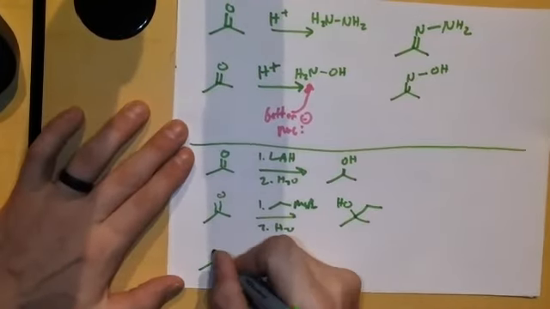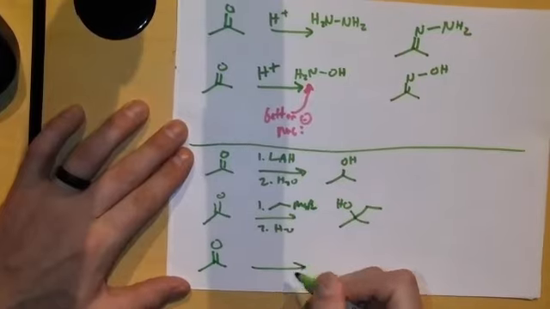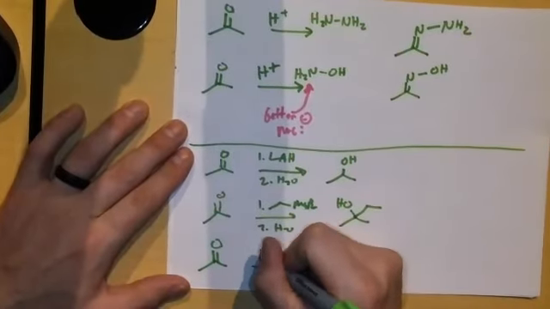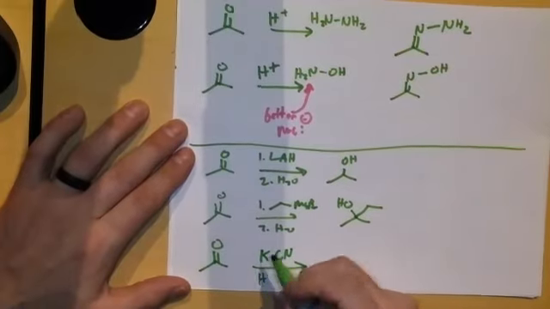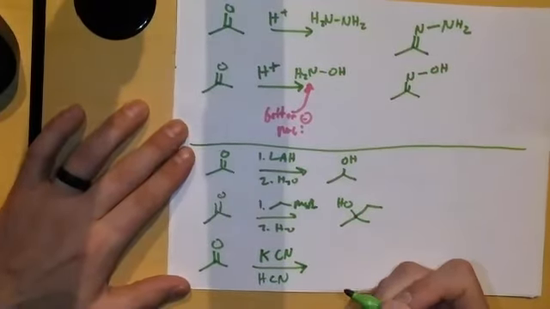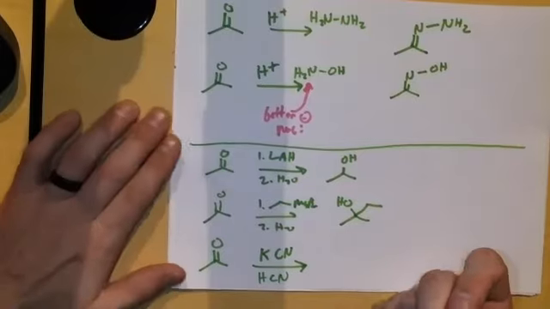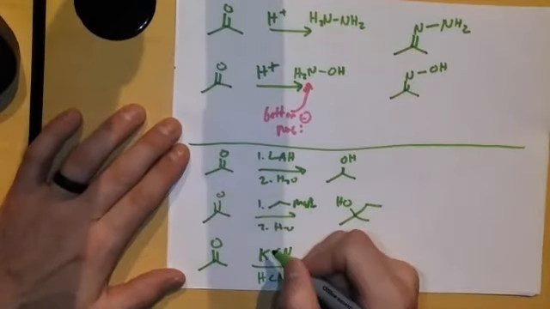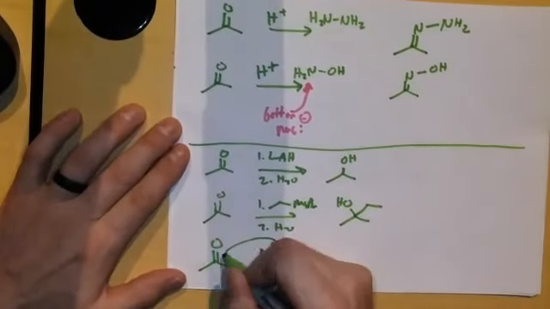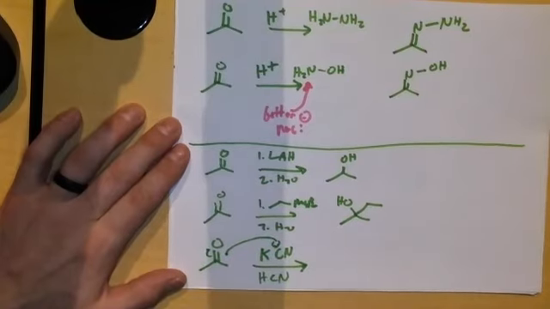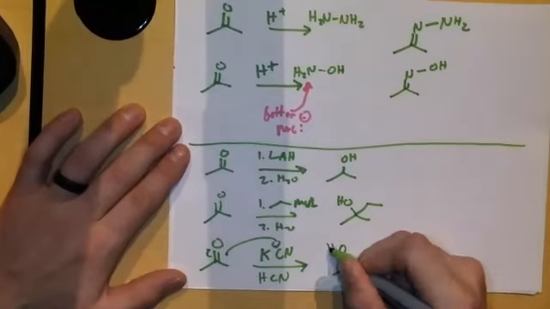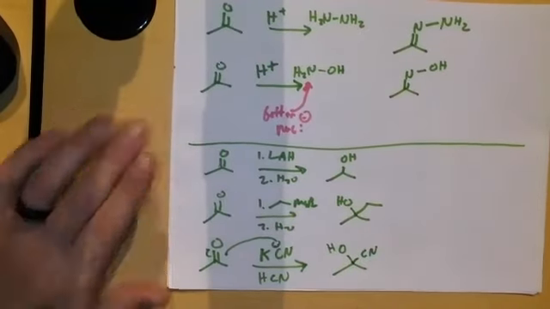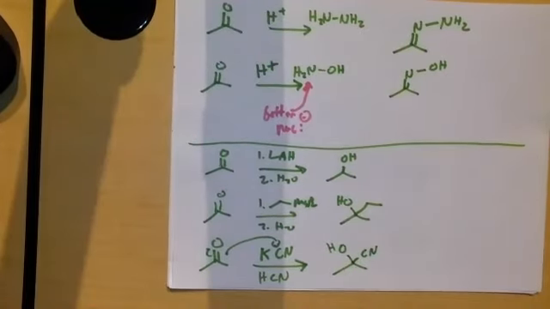So if you take KCN and HCN, so acetonitrile, as your solvent here, you're going to do an attack on your carbonyl just like you would with a Grignard, and add CN to it.